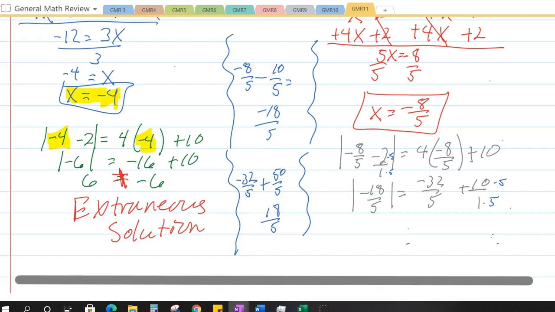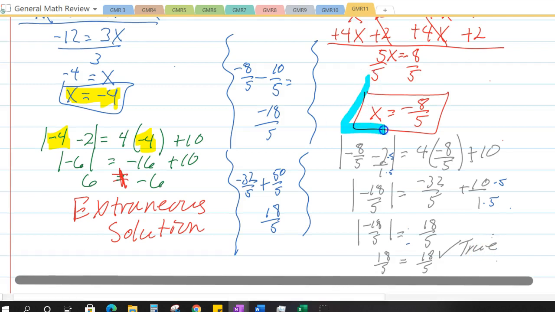And so that's what I write. The absolute value always comes out positive, which means 18/5 is equal to 18/5. This is a true statement, and my one and only answer will be x is equal to -8/5.